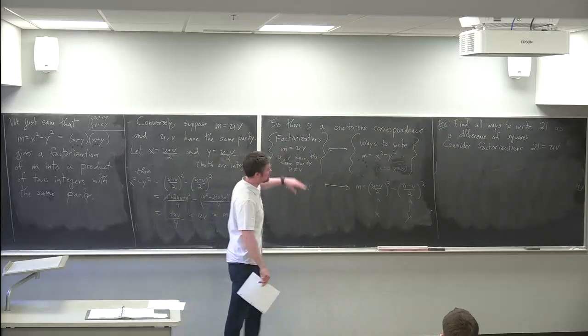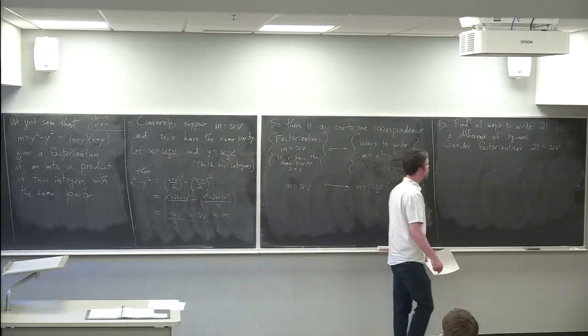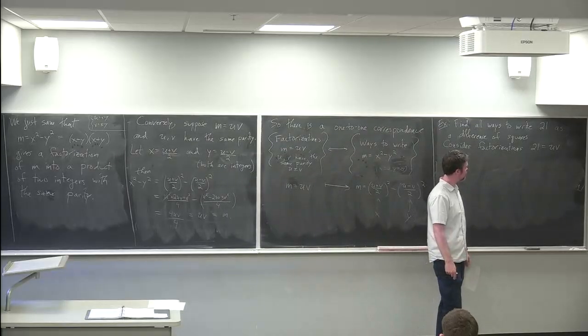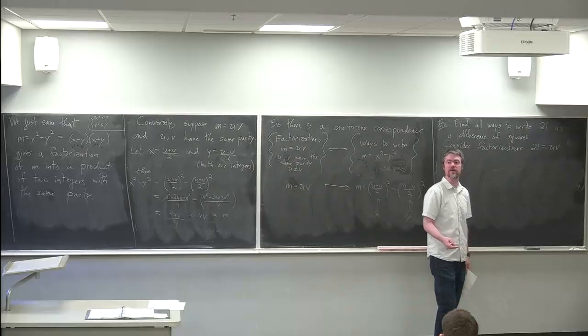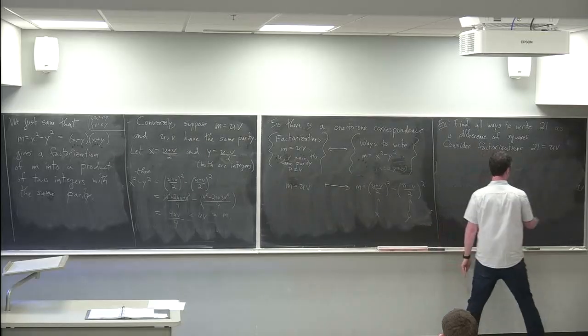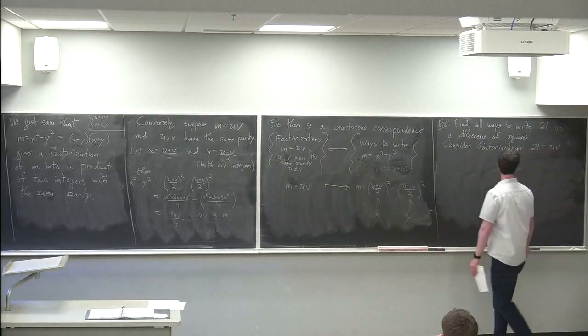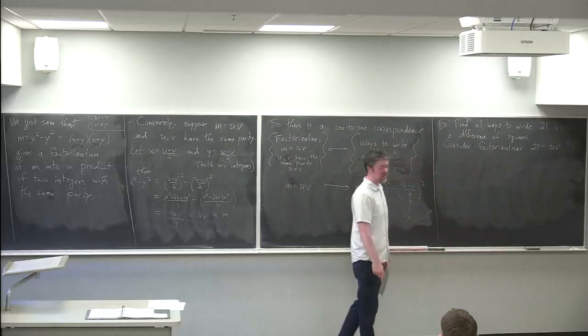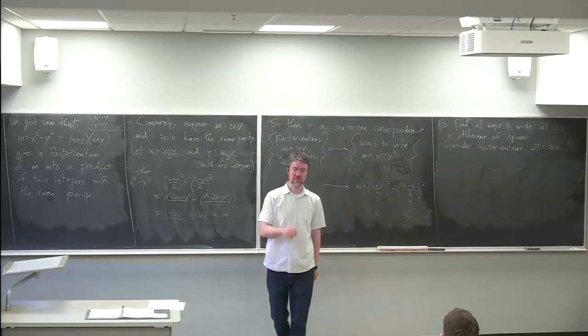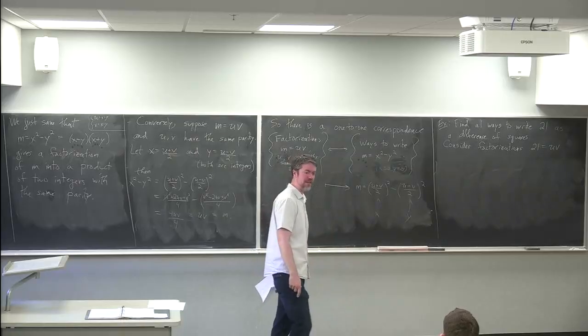But basically, you just say, how many ways can I factor 21? And this is not necessarily involving primes or anything. Just factor 21 as a product of two positive integers. Right? So possible factorizations would be things like 7 times 3, but also 21 times 1 is valid here too.